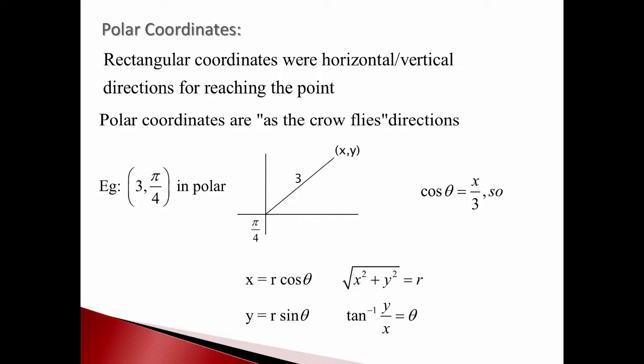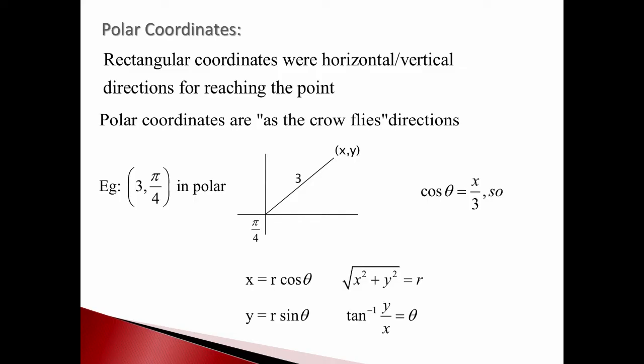In general, 3 is the radius, the distance from the origin. So you would have x is equal to r cosine theta. And of course, y would be r sine theta. Again, how can I tell that? Well, sine is always the opposite, the y side, over the hypotenuse, the r.